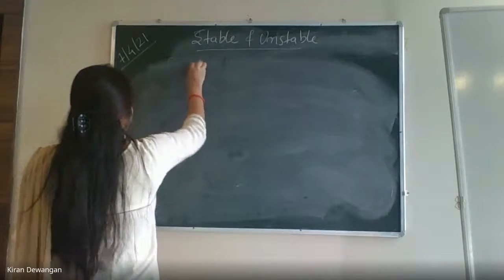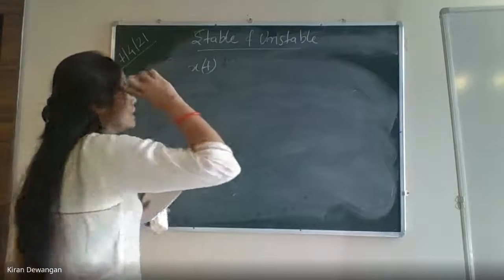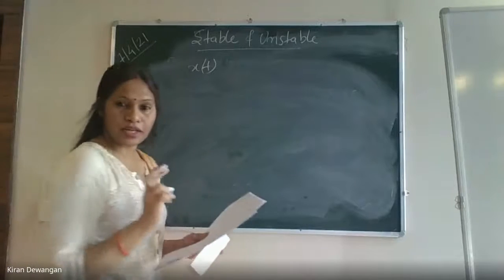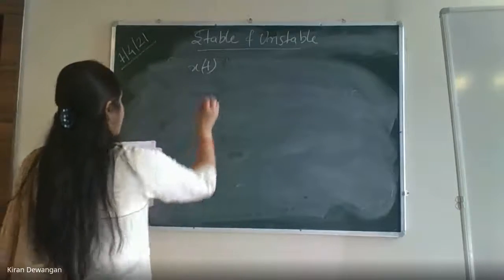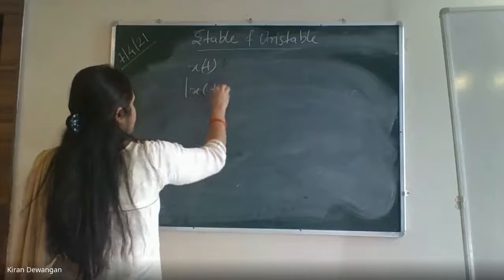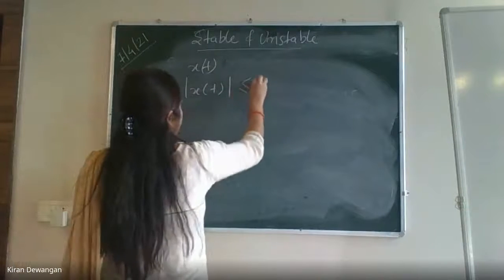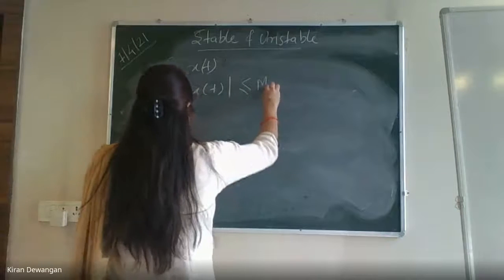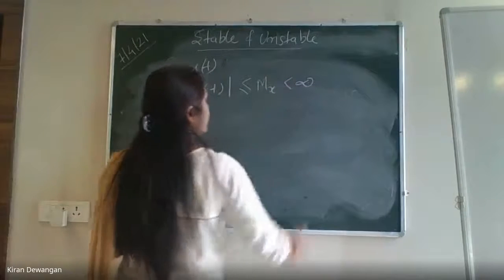If we are giving an input xt, and it is bounded, then mod of xt should be less than any value mx, which is less than infinity.